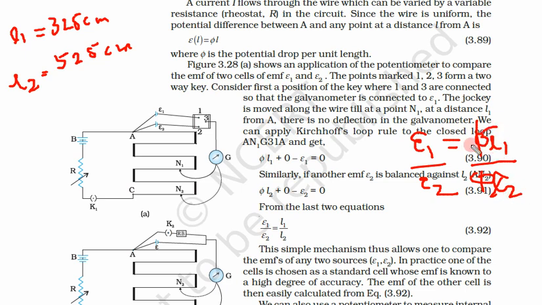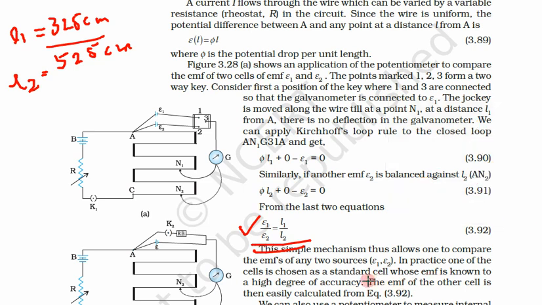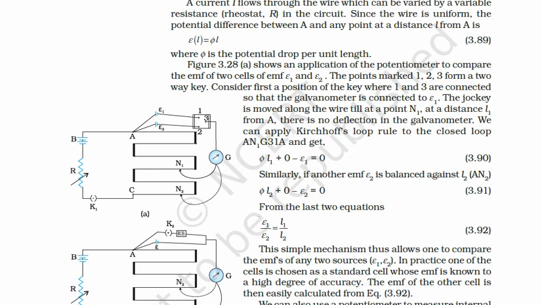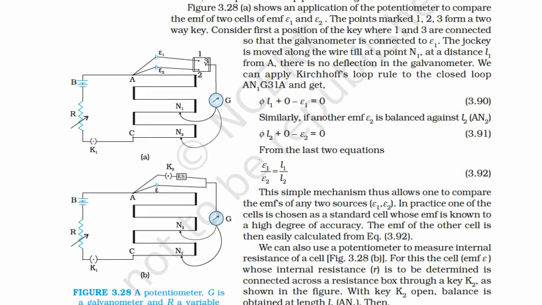Dividing, with phi removed, we get epsilon 1 upon epsilon 2 is equal to L1 upon L2. So here you can solve 325 upon 525. Similar thing you would be doing in your experiment. You are comparing EMF of two cells.